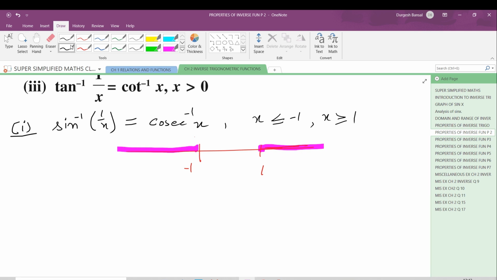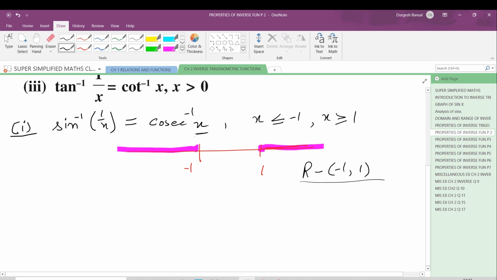Now the domain of cosec inverse x is this only. Whatever you have marked in pink color is the domain of the cosec inverse function. Therefore this x belongs to the domain of the cosec inverse function.